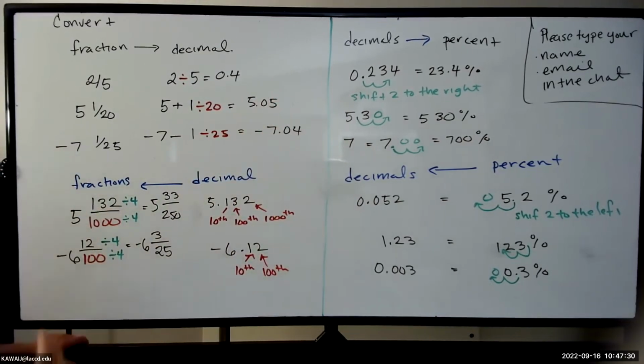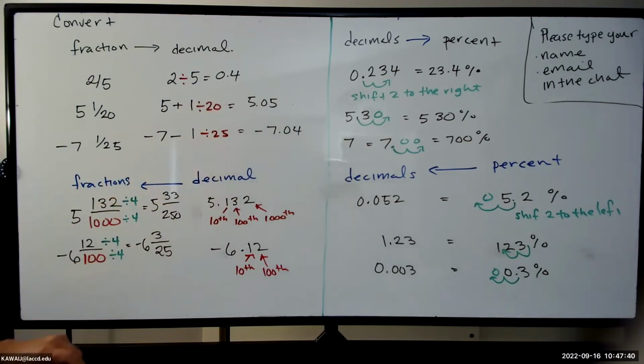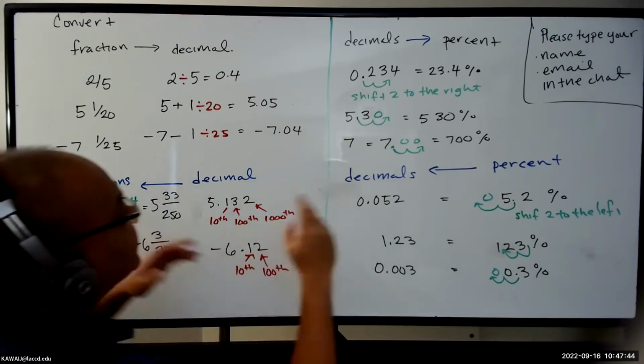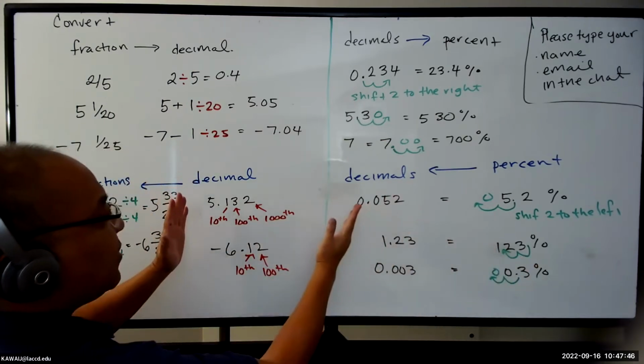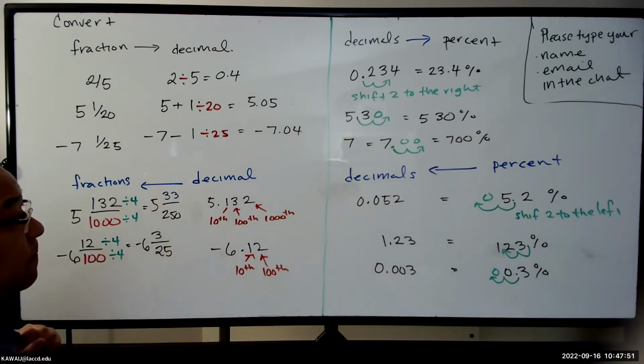Now, sometimes they will ask you to compare numbers. So I gave you one to compare numbers. Whenever you compare numbers and they give you fractions and percents, you always convert everything into decimals because decimals are the easiest thing to compare. Okay.